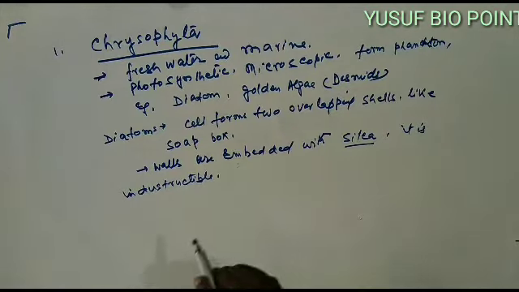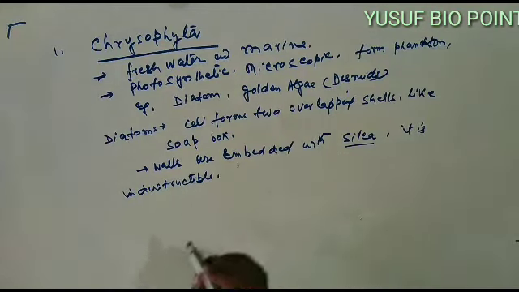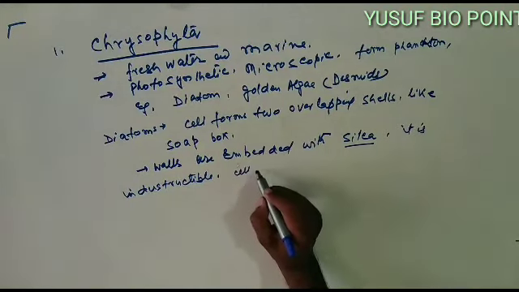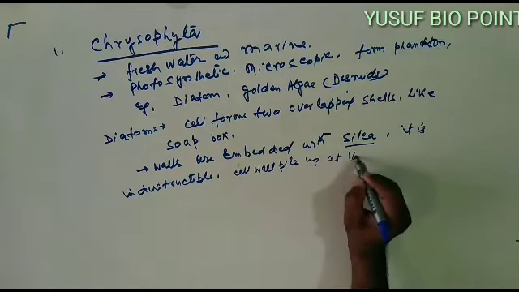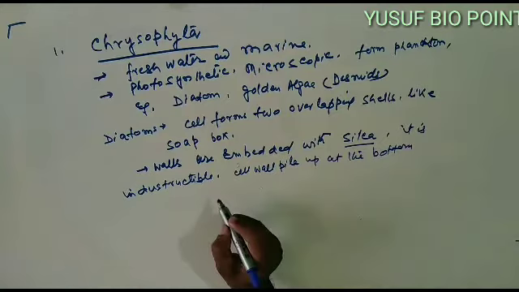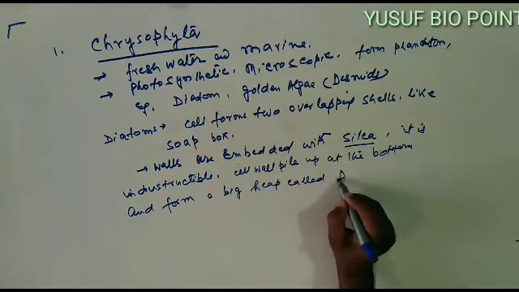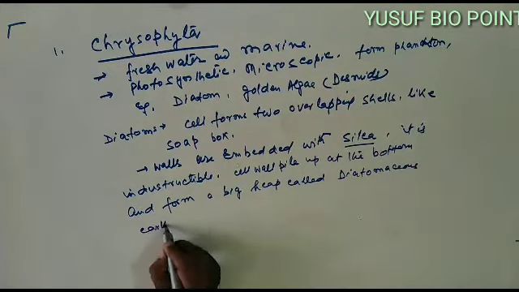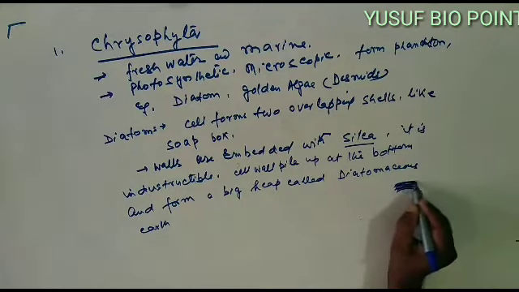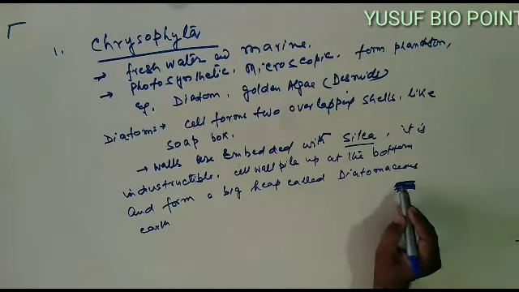Walls embedded with silica means they are siliceous in nature, and so it is indestructible, means it cannot be destroyed. Cell walls pile at the bottom and form a big heap called diatomaceous earth, meaning they all settle on the surface of the soils, beneath the soils, and form a heap structure which is called diatomaceous.